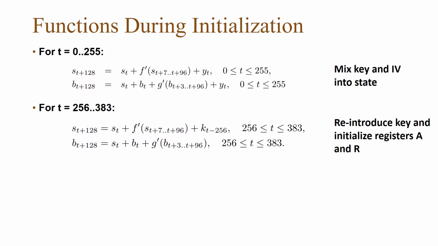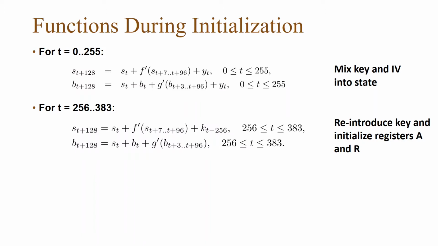So to summarize the functions that we are going to use during our initialization, for the first 256 steps, we have s_{t+128} equals s_t plus our function f prime, which collects the other variables that we had in our feedback for the LFSR, plus y_t, which is the feedback from the output of the cipher. We do the same thing for the NFSR. We have s_t plus b_t plus our function g prime, and then also here we add the feedback, which we denote y_t.